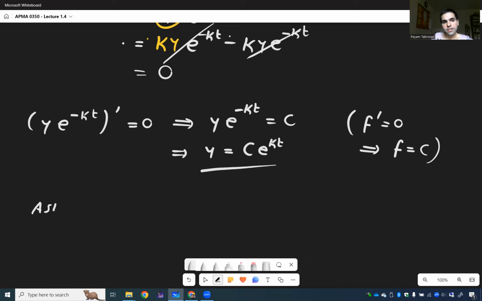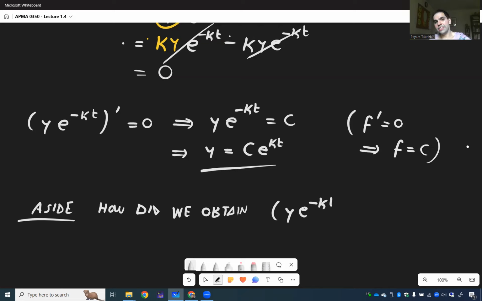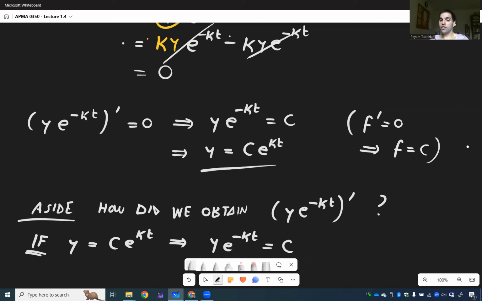And just a little aside, of course, how did we obtain y e to the minus kt prime? Well, here we cheated a little bit. And the thing is, with uniqueness, it really depends on the differential equation. If our solution were ce to the kt, then if you divide by e to the kt, then y e to the minus kt is a constant.